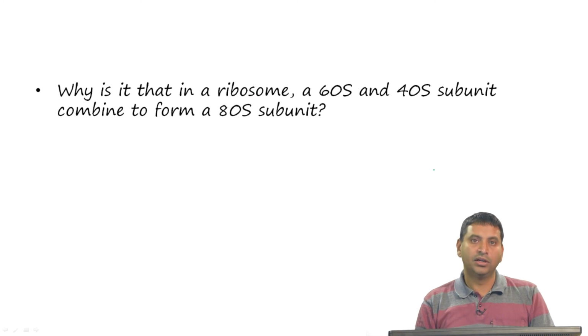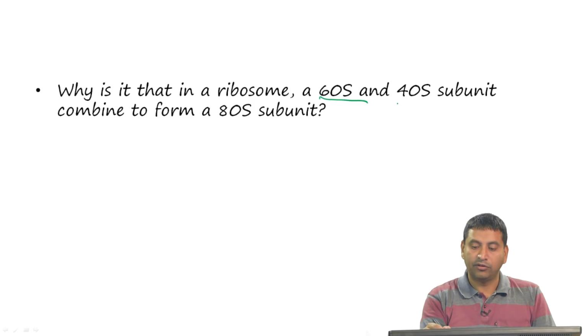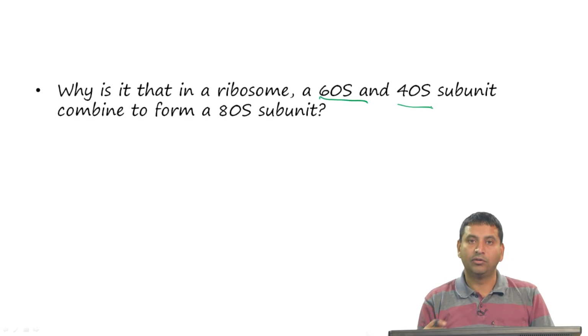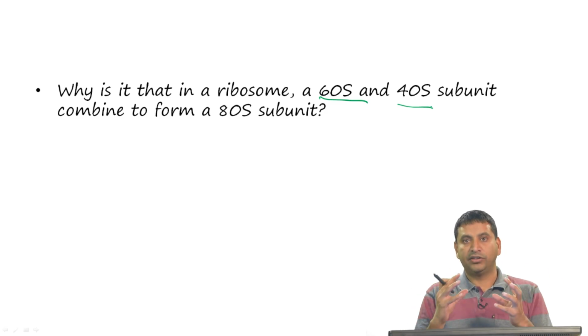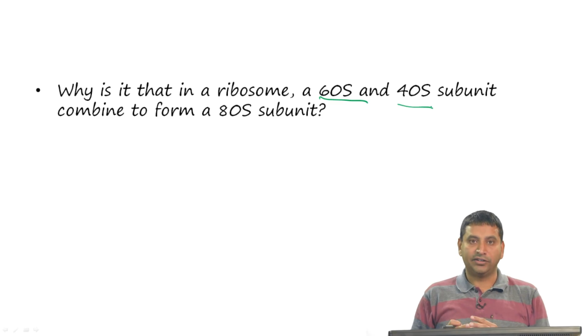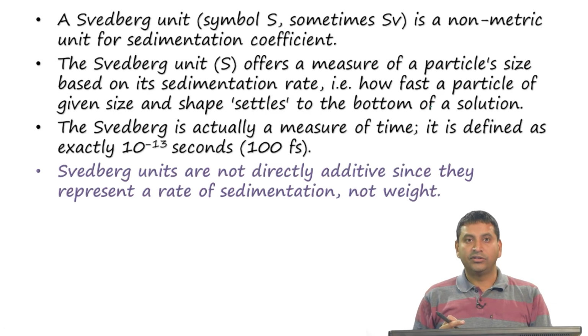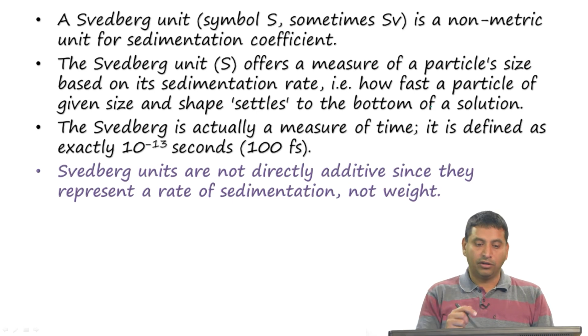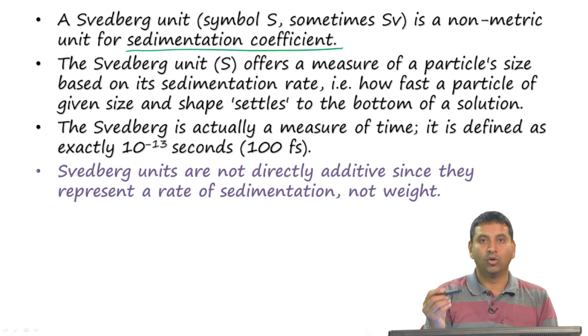The next question is, why is it that in a ribosome a 60S subunit and a 40S subunit combine to form an 80S subunit? That means, if I combine a 60S and a 40S, I should get a 100S, but I actually get 80S. So, the answer to this is that the S stands for Svedberg. The Svedberg unit is a non-metric unit which is known as a sedimentation coefficient.